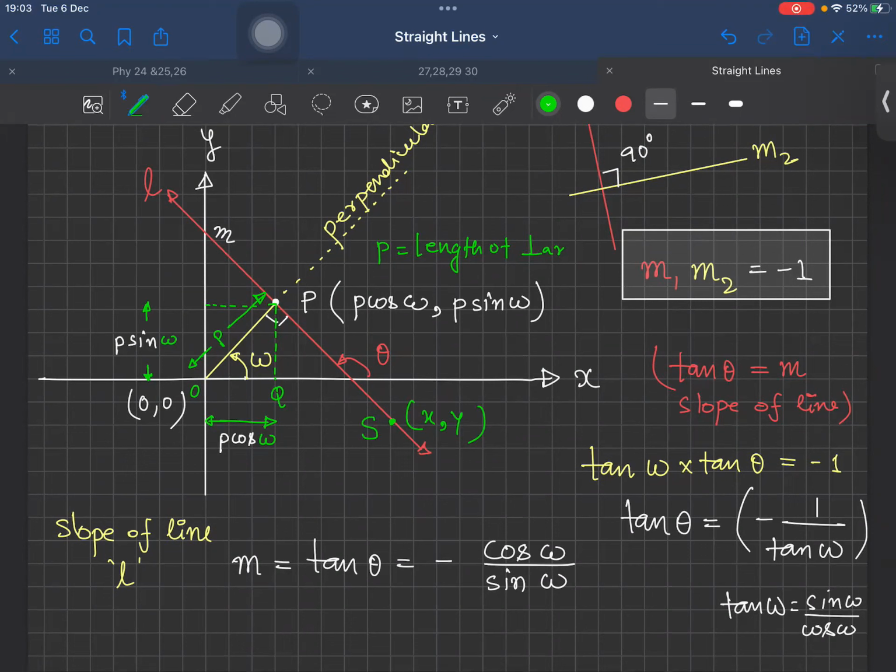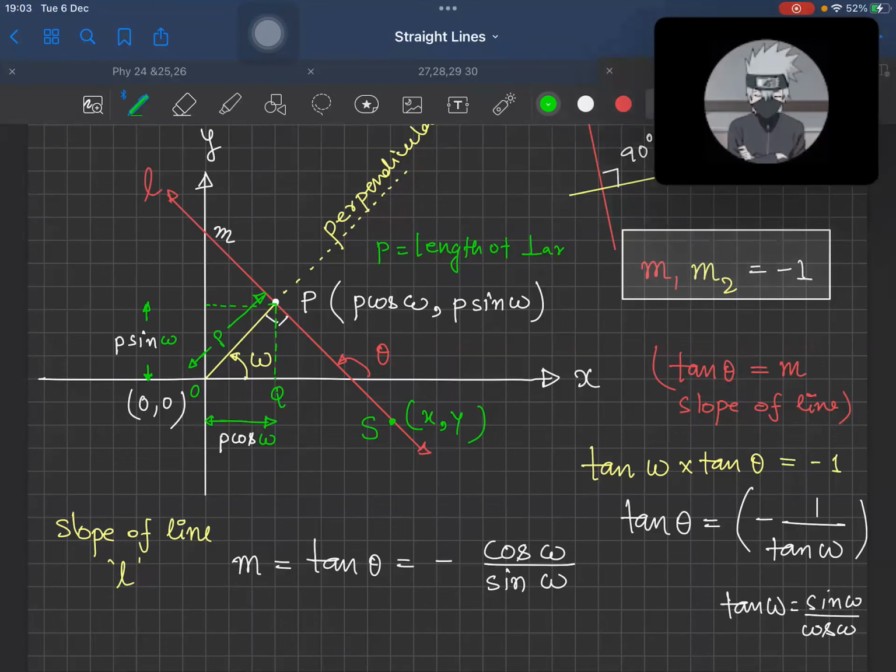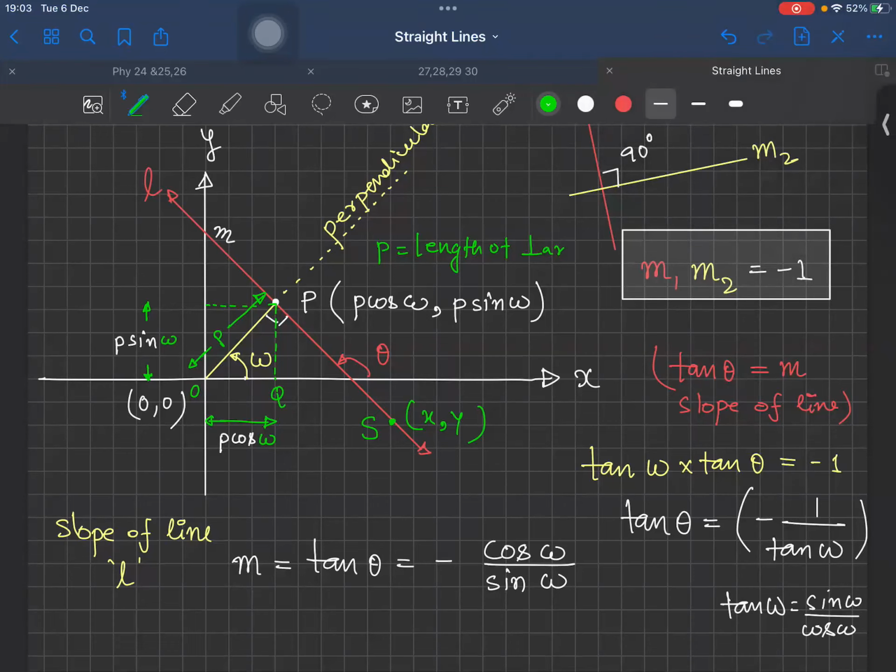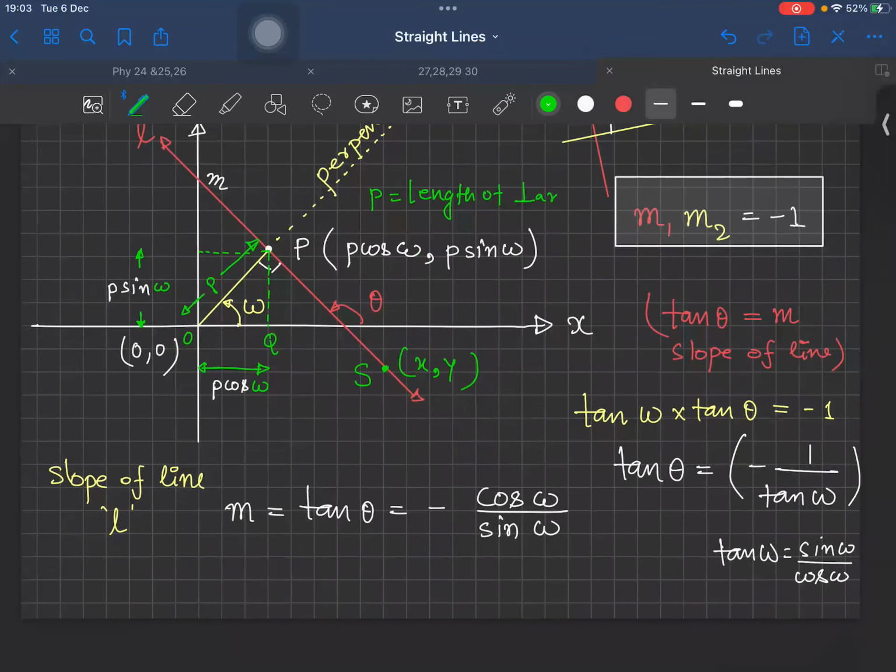Yes, sir. So you have to reply. If you haven't understood, I'll explain it again. Hari, both Hari and Abhinav. Understood, sir. Abhinav, how about you? You're getting it? It's just the length we are calculating because we need one point to find the equation of the line, right?